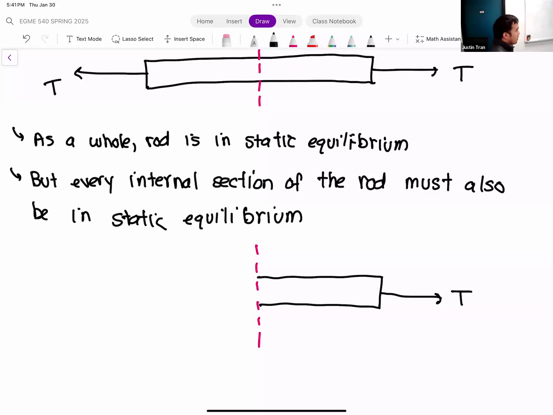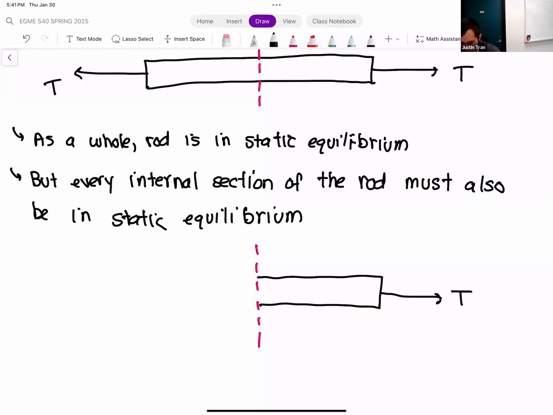But since we cut the rod in the middle, in our little subsystem we're missing the tensile force on the left. Since we know this part of the rod still has to be in static equilibrium, just because we slice it in the middle doesn't mean this part could just go flying.